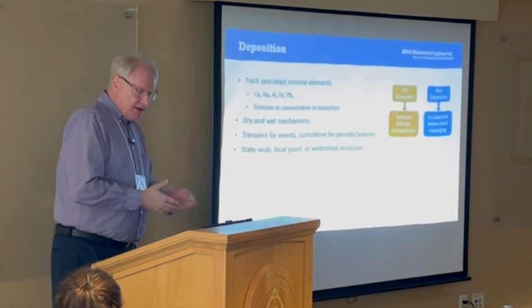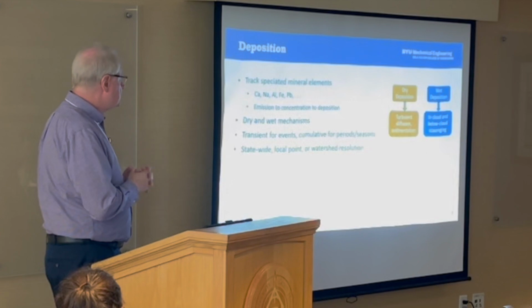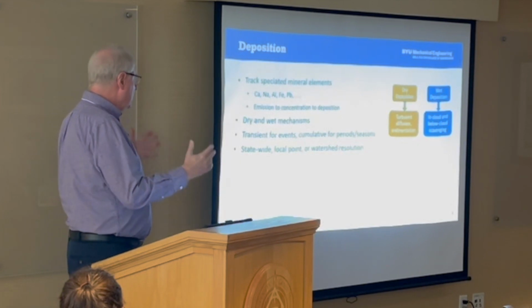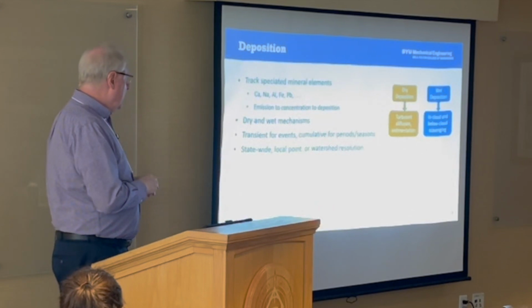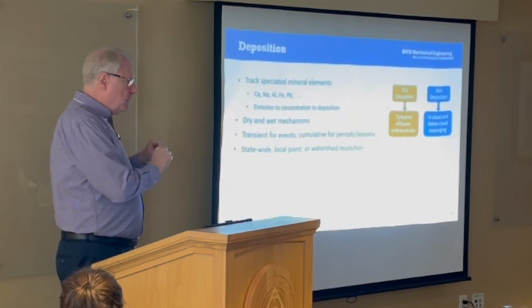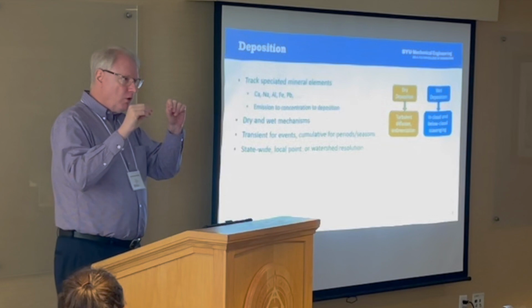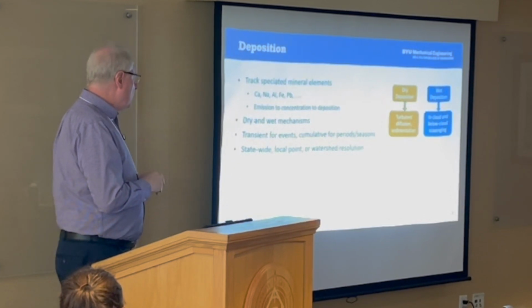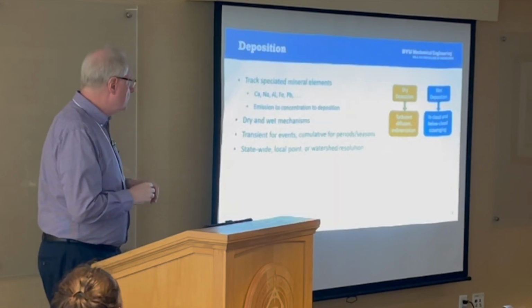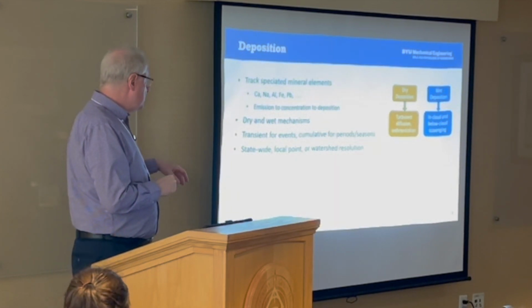All right, I want to talk about deposition now. I mentioned we track speciated mineral elements: calcium, sodium, aluminum, iron, lead, etc. And we're going to track the emission, transport, and deposition of these speciated elements. We look at dry and wet mechanisms, and I'm not going to talk about those in detail due to time constraints.